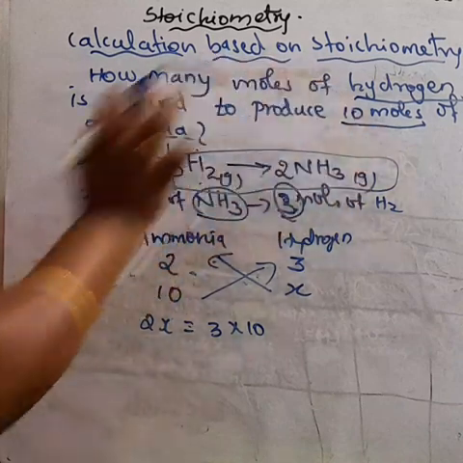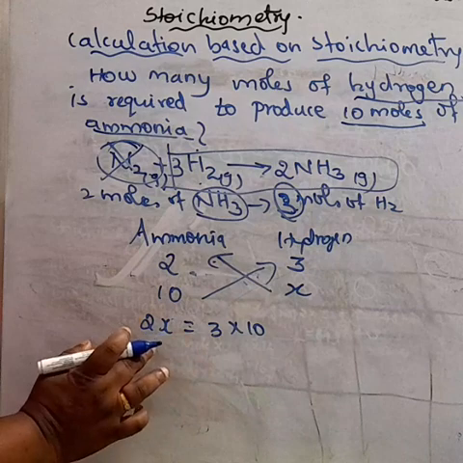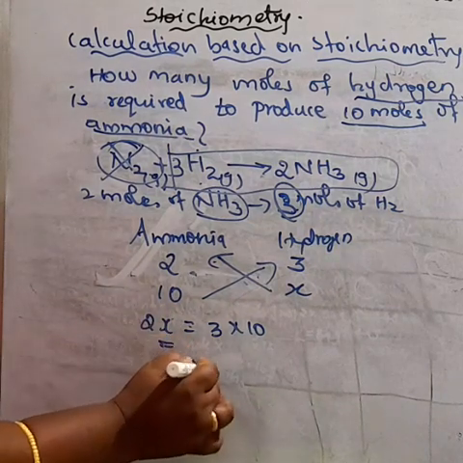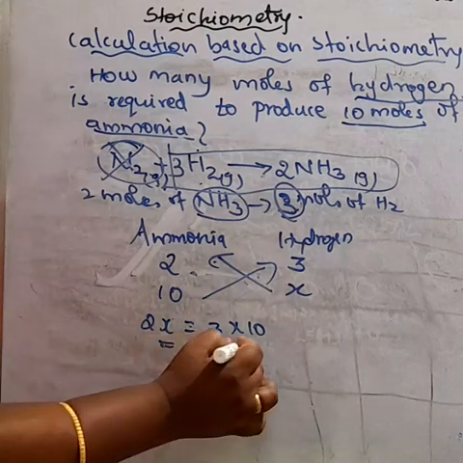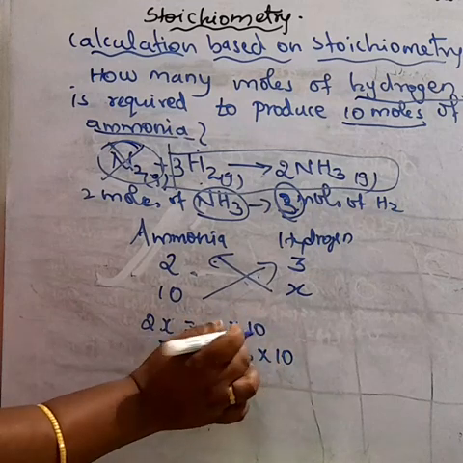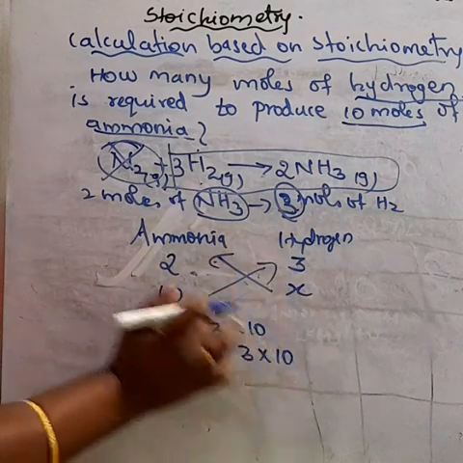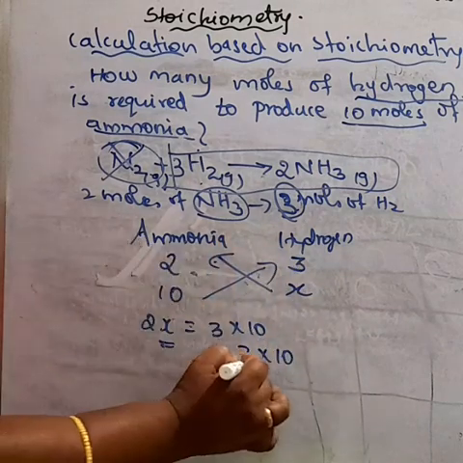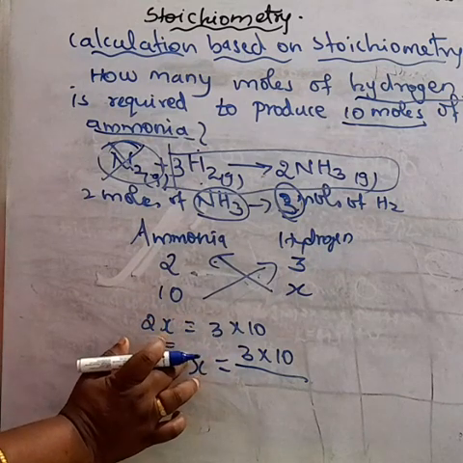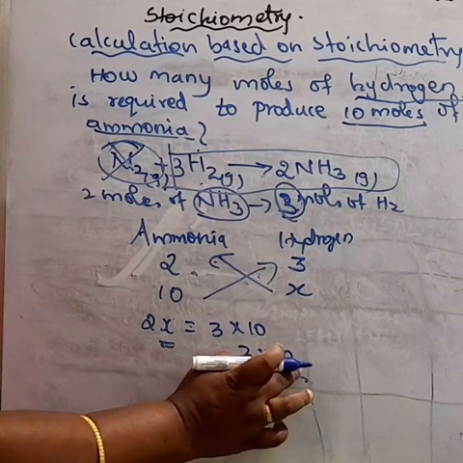So 2 moles of ammonia, and the number of moles of hydrogen we don't know, so we take x. x is the number of moles of hydrogen to produce 10 moles of ammonia.